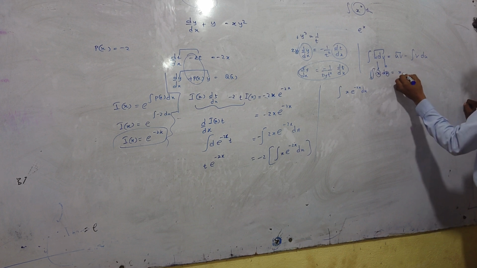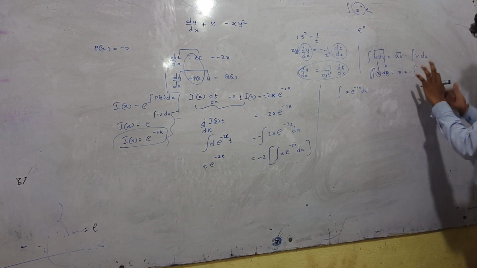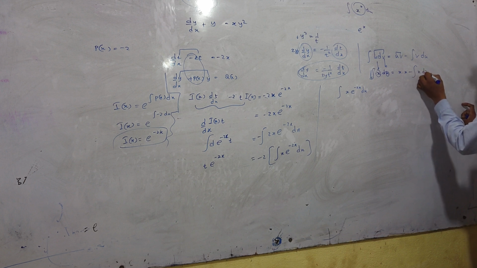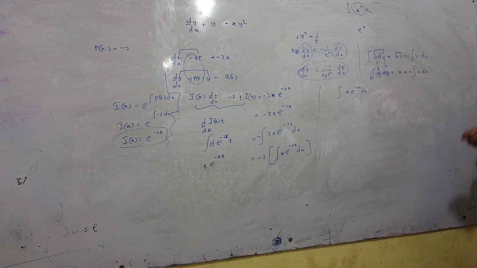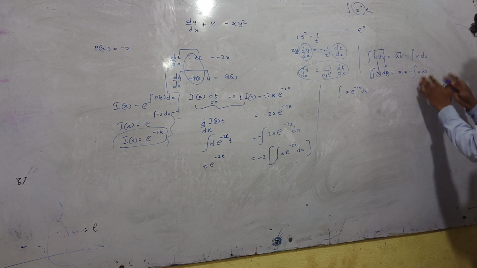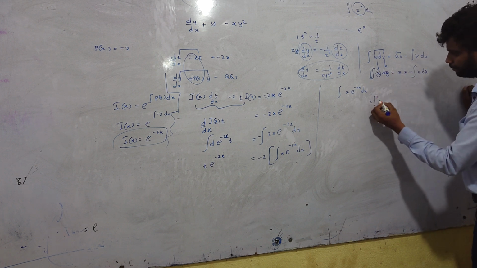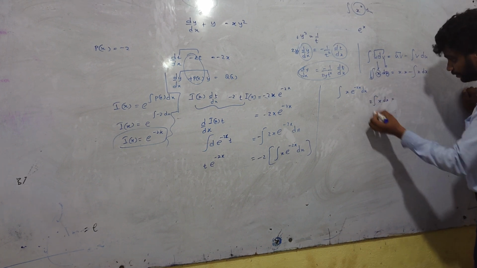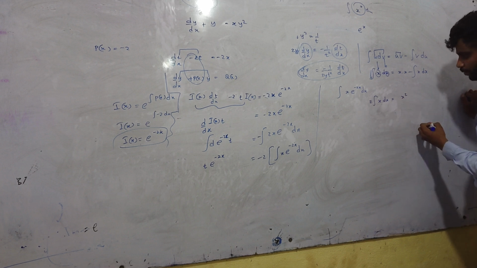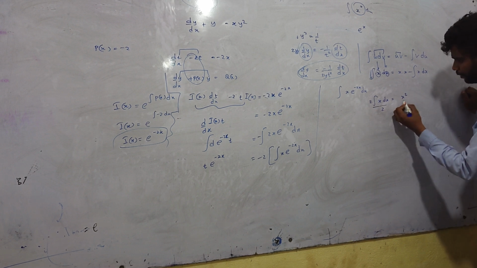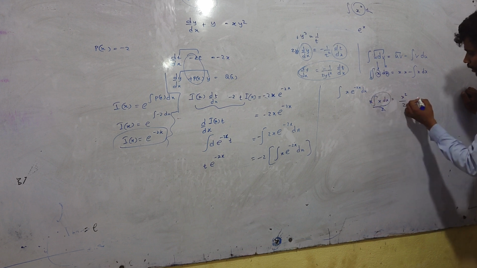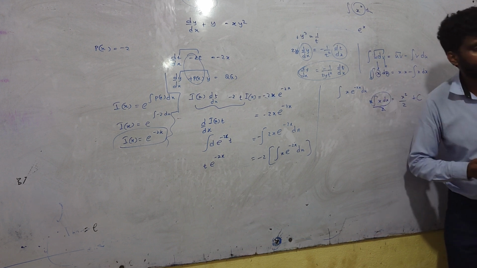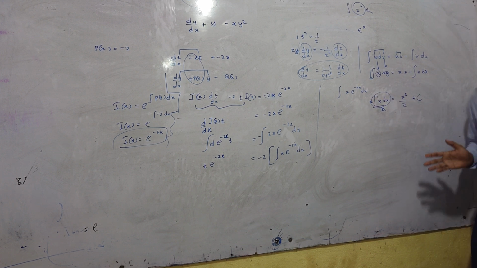Then u times v is x times x, minus the integral x dx. Then you can put this on the other side, so it becomes 2 times the integral of x dx equals x squared. We can divide both sides by 2, and there must be a constant as well.